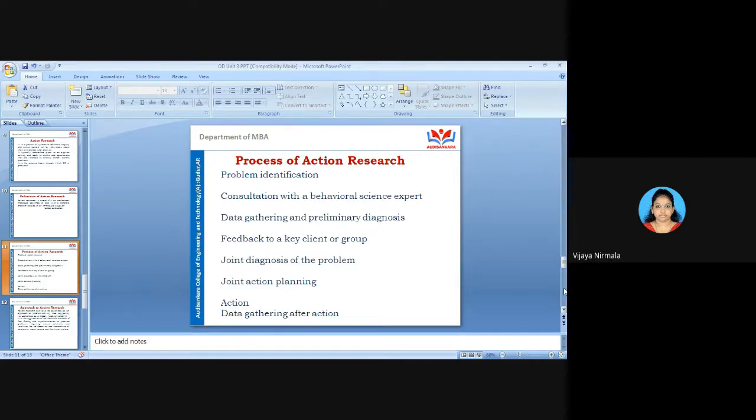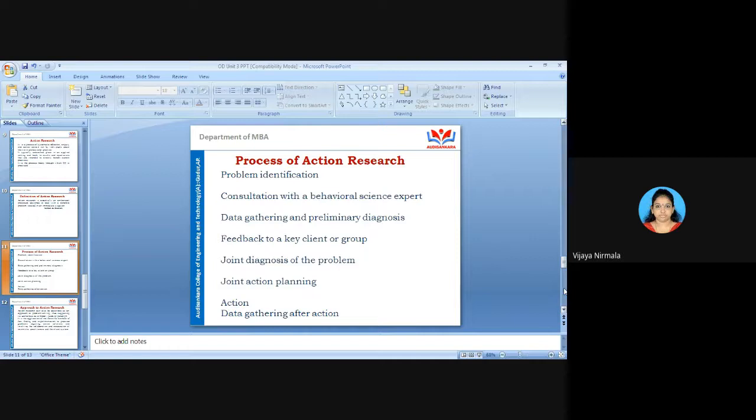And the next one is joint action planning. This is the next step, and in it the organizational development practitioner and the client members jointly agree on further actions to be taken by the organization.